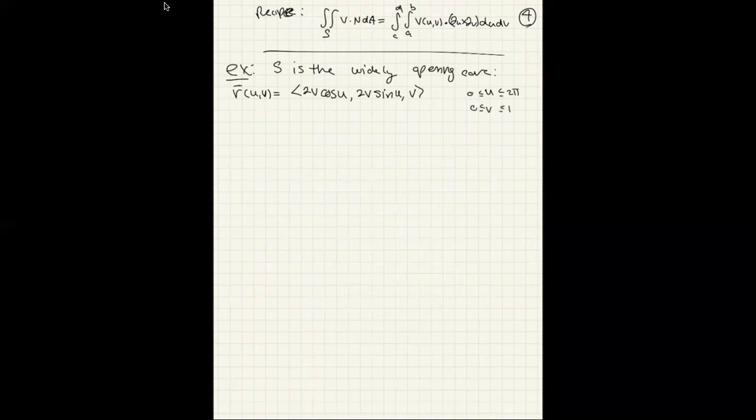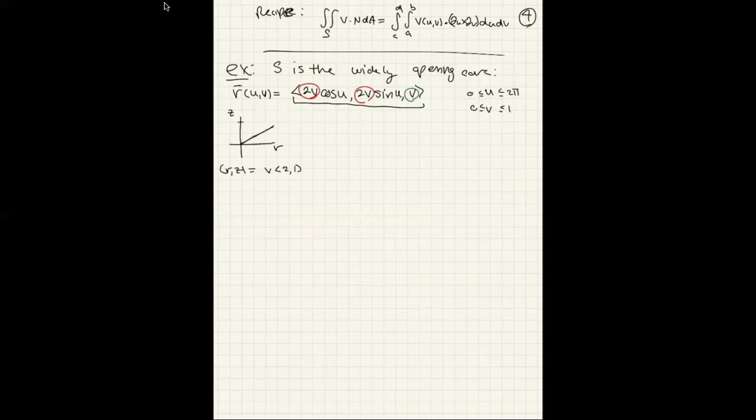And now how do we know that this is a cone? It's because I'm really seeing, in the RZ plane, that RZ is v times the vector (2, 1), and I'm going up until 1.